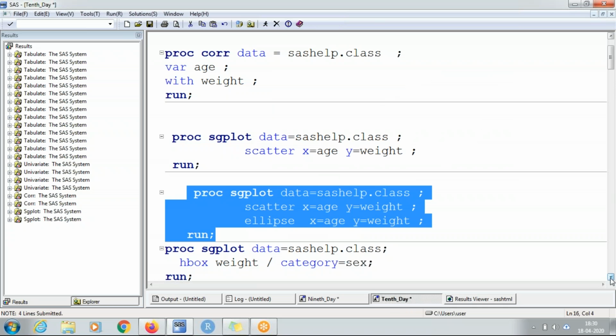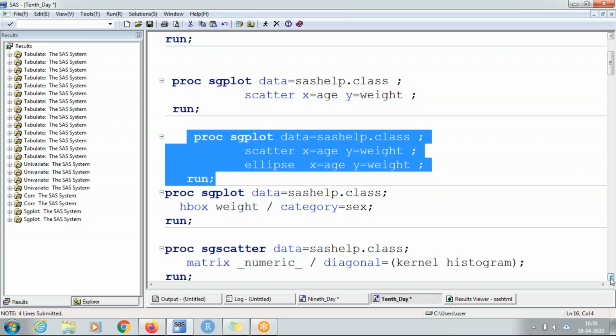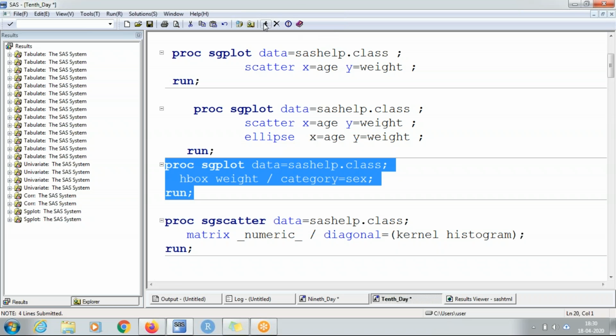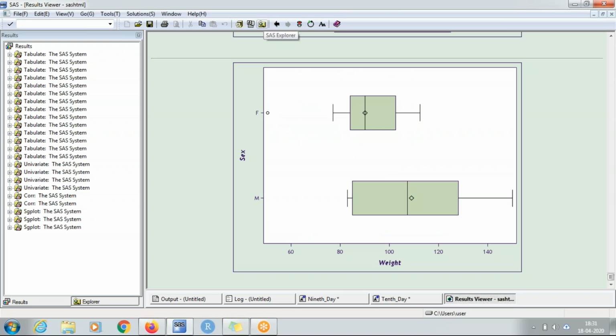Now, from SGPLOT, for your hbox or horizontal box plot. So you guys understand this box plot pretty well. All right.